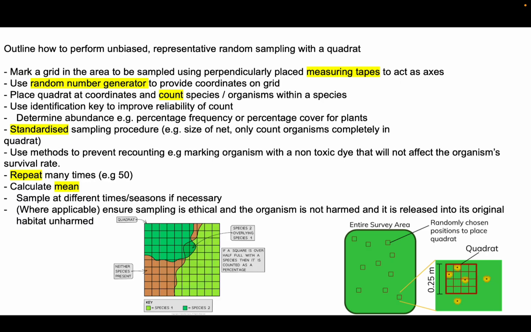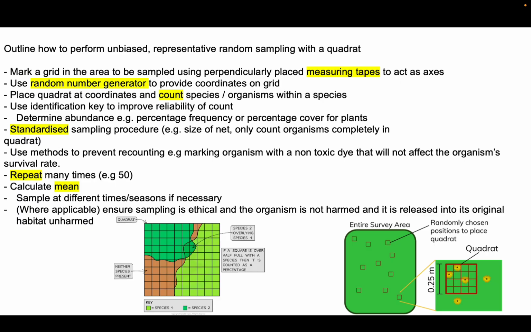You should also use methods to prevent recounting. For example, if you mark a fish with a non-toxic dye that doesn't affect its survival rate and doesn't rub off, then if you capture that organism again, you can ensure that you're not recounting the same organism.